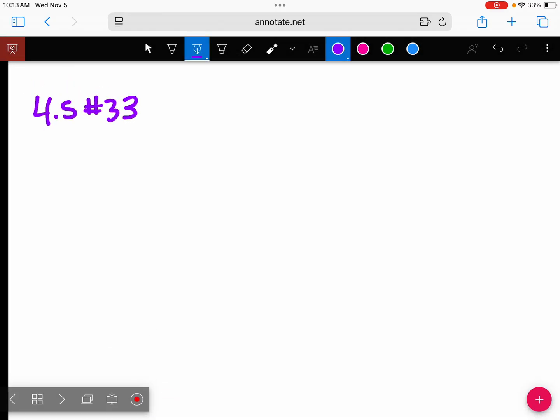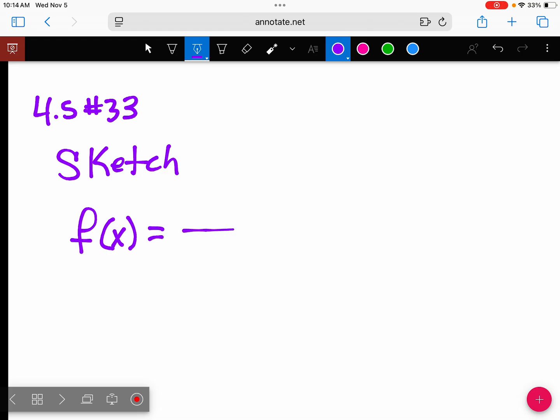Okay, so this tells us to sketch as best we can. So 33, we have our f of x equals x minus 1 over x cubed minus 4x.